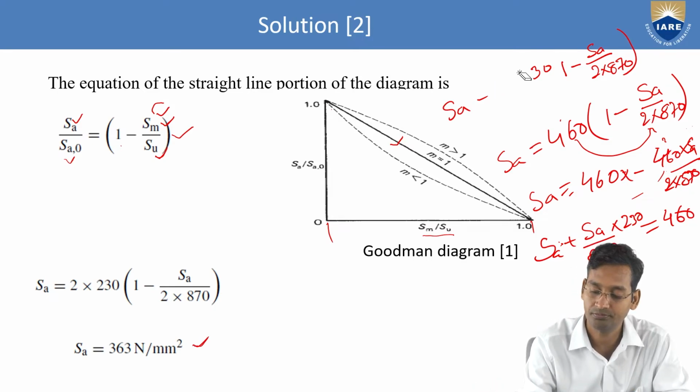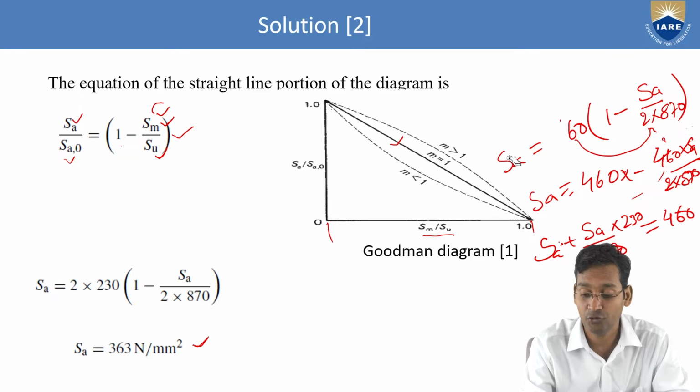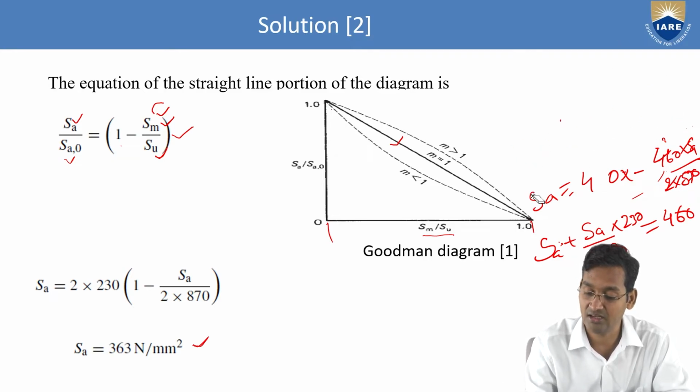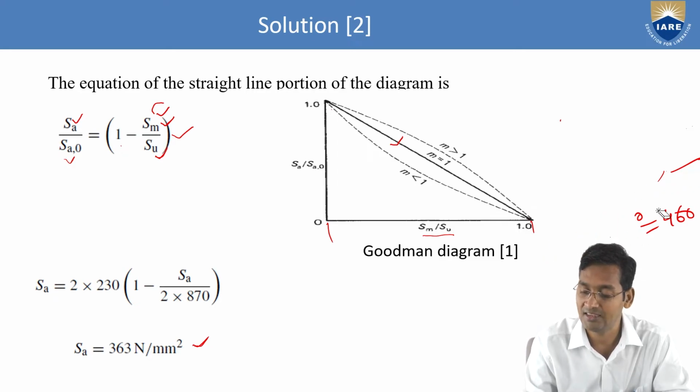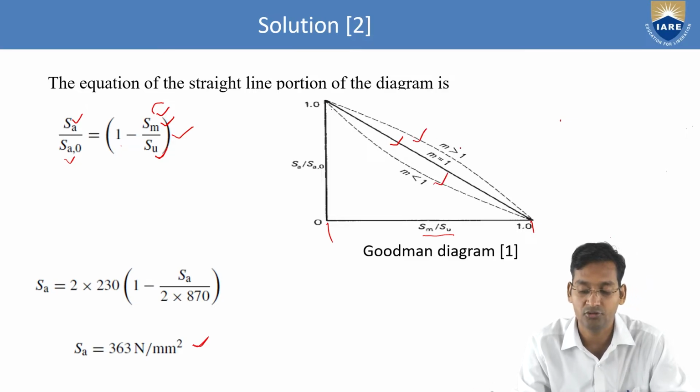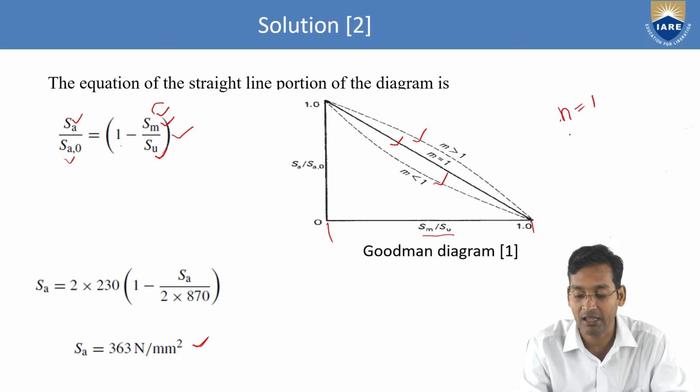Now you only have to simplify, and after calculating you will get the value of SA as this one, right? So this works when the relation is linear, that is this equation is linear. If it's not linear, meaning what? For this one, that is m greater than 1 or m less than 1, then we can write n equals 1 and n equals 2 or n equals 0.5, like that.